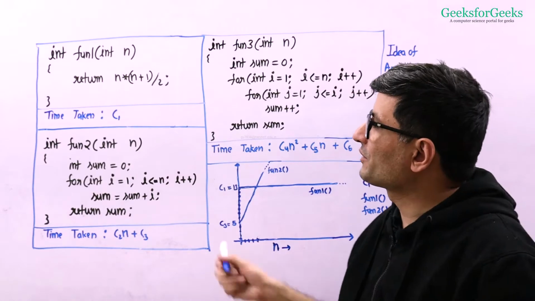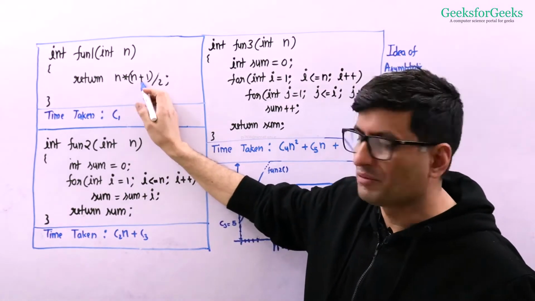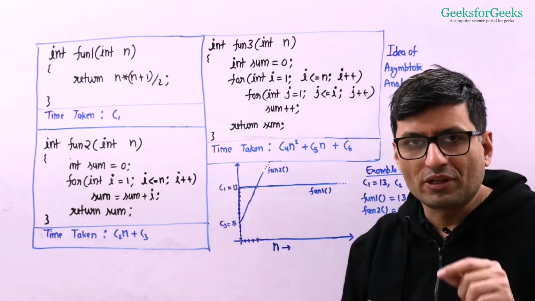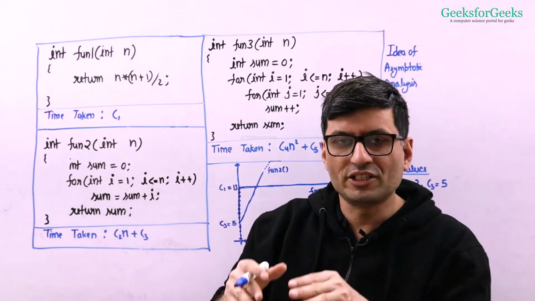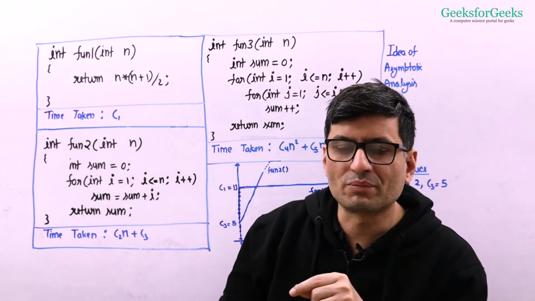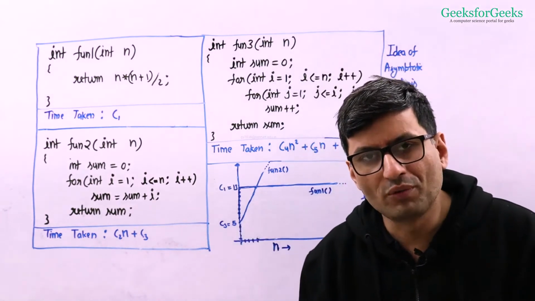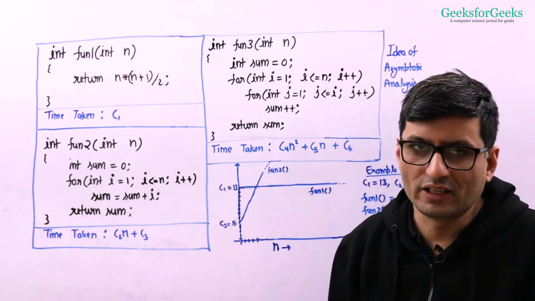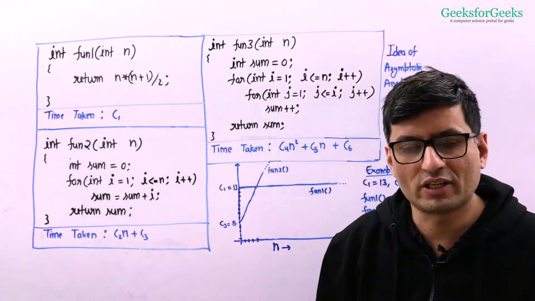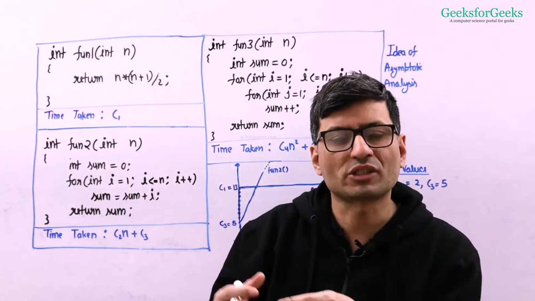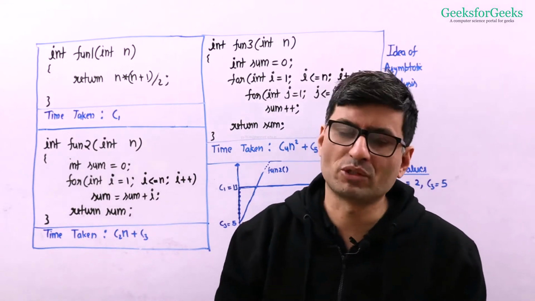In this function, we are doing an addition, a multiplication, and then a division. So if you consider these 3 operations independently, you are basically doing 3 operations. And we always assume that a mathematical operation or a comparison operation or any type of operation always takes constant time irrespective of input value.